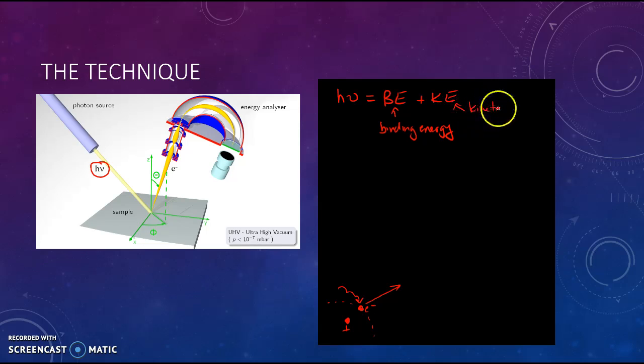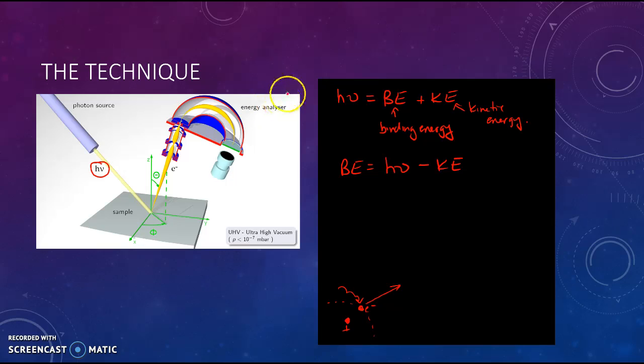You can rearrange this a little bit and say the binding energy of one of these ejected electrons would be the total energy you put in, the energy of the photon, minus the kinetic energy that the electron has.